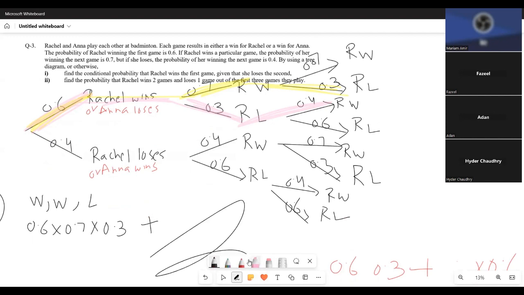Hold on, the board is stuck. Win, lose, win. That's going to be 0.6 times 0.3 times 0.4.